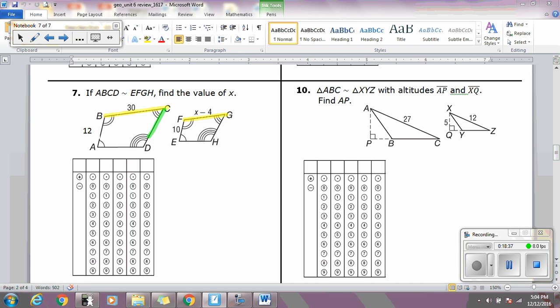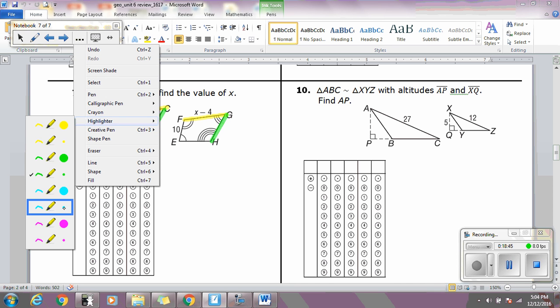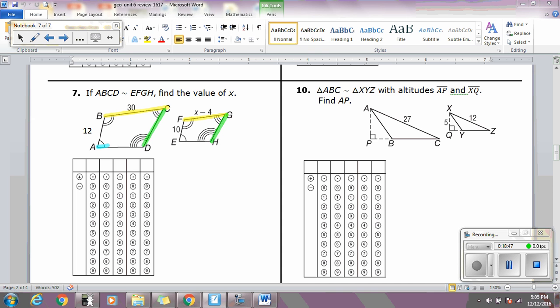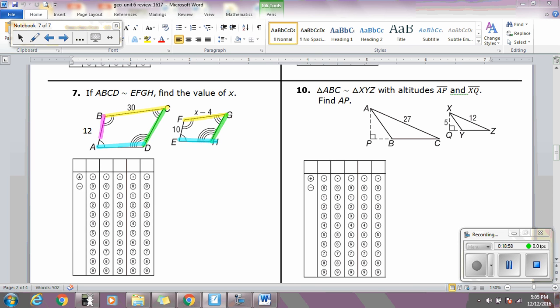Then CD is proportional with GH. AD is proportional to EH. Which leaves AB and EF.